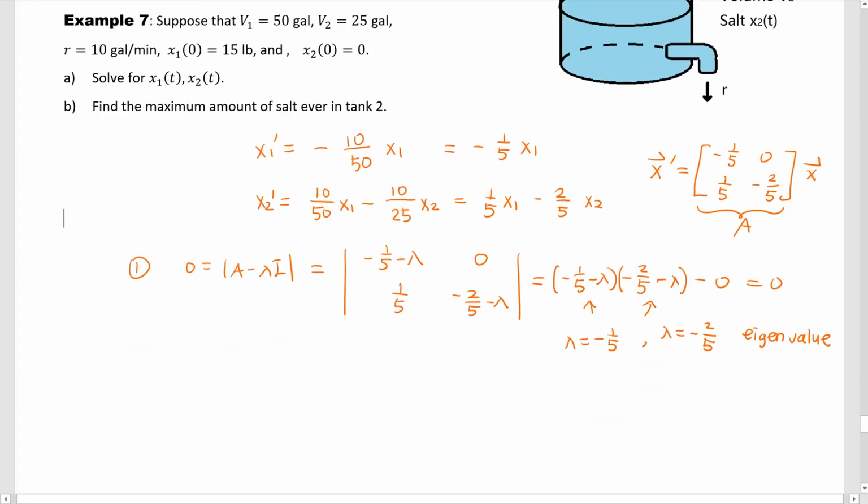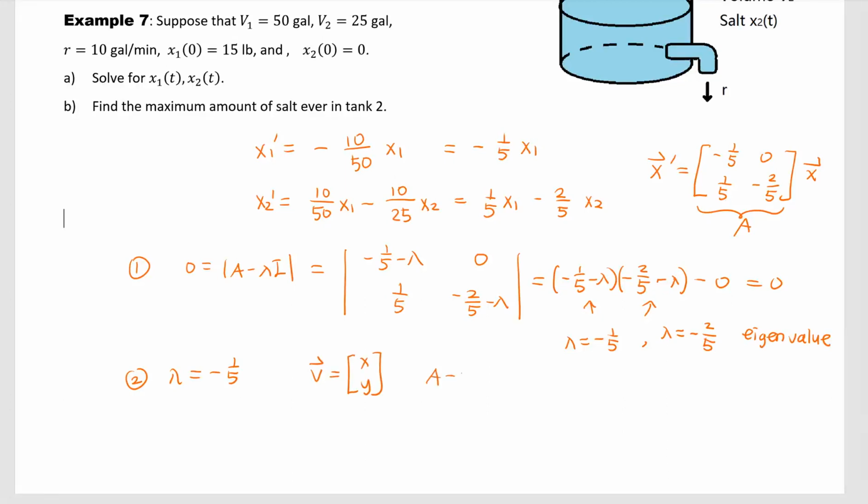And for each of the eigenvalues, let's figure out the eigenvector. So for lambda equals negative 1/5, let v be (x, y), and we want to solve (A minus lambda I) v equals 0. What is the augmented coefficient matrix? A minus lambda I, so minus 1/5 plus 1/5, 0.